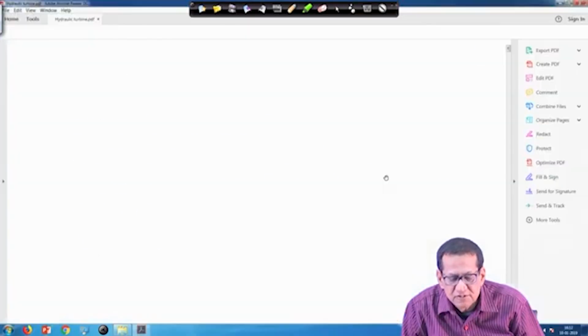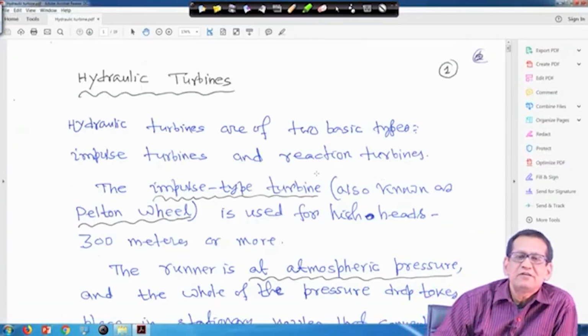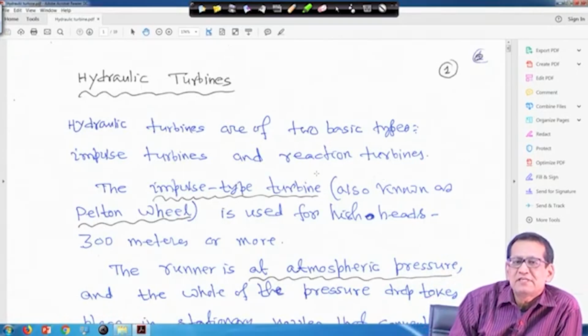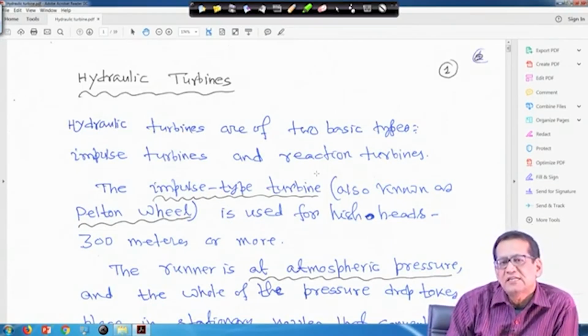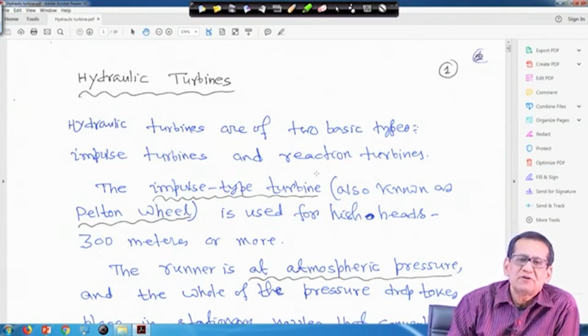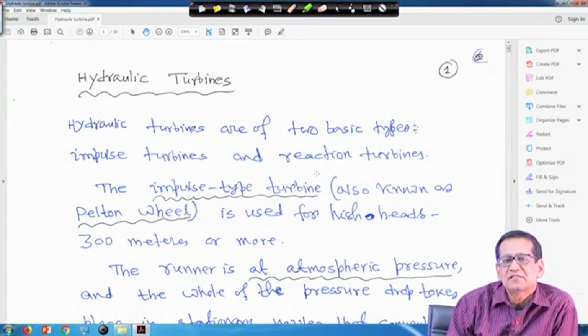Now, during the AGC topic, with the conventional and deregulated environment I told you about, at that time we saw more or less detailed modeling of the governor and steam turbines. At that time we did not take hydraulic turbines, because I was thinking whether I would get time or not.